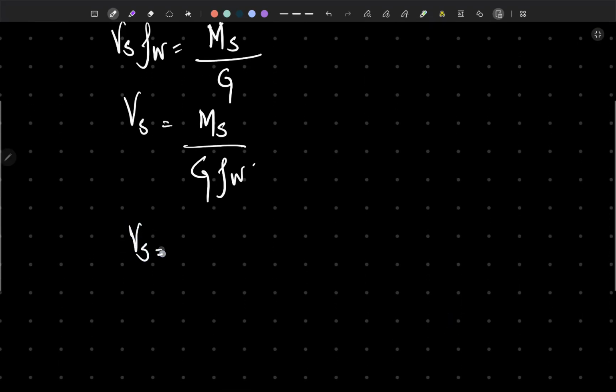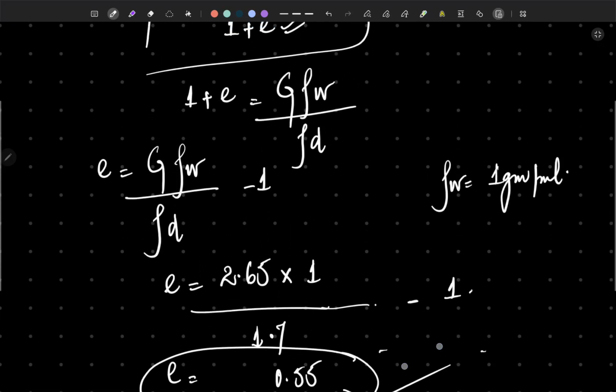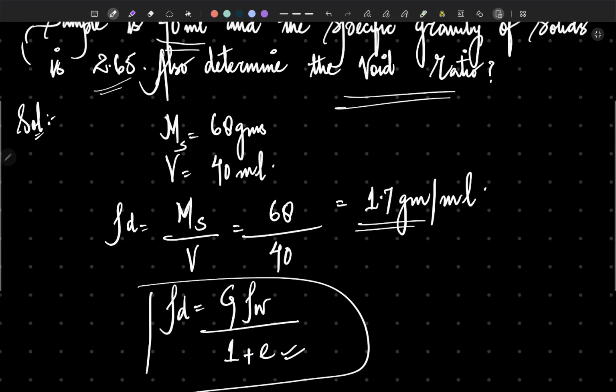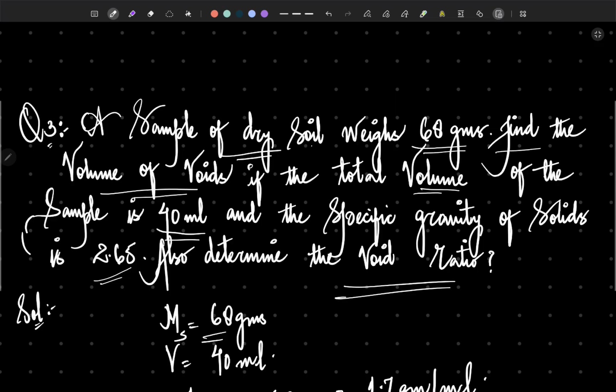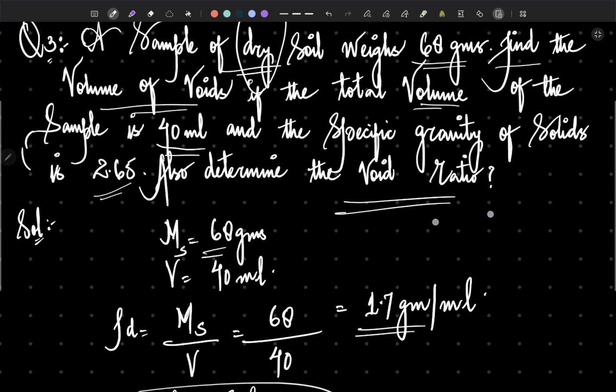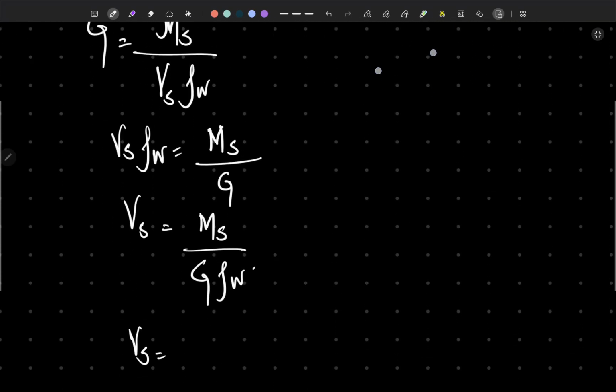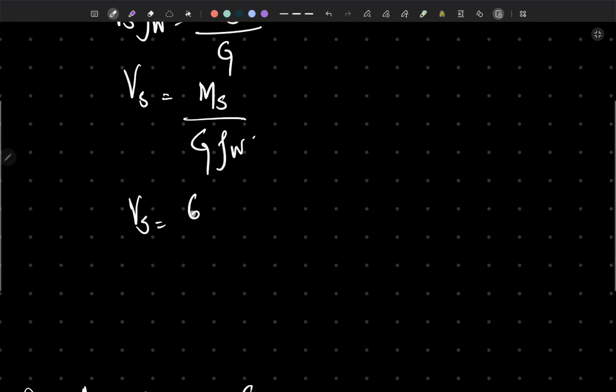Volume of solids is mass. Mass is 68 grams. A sample of dry soil weighs 68 grams. That means this is the mass of the soil solids: 68 grams. Specific gravity is 2.65. And this thing over here is 1 gram per milliliter. All right.